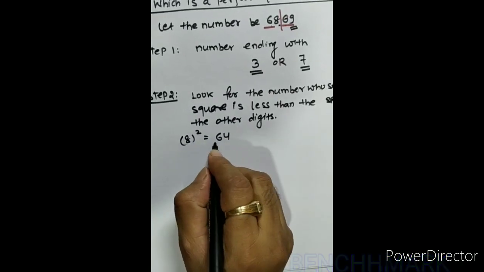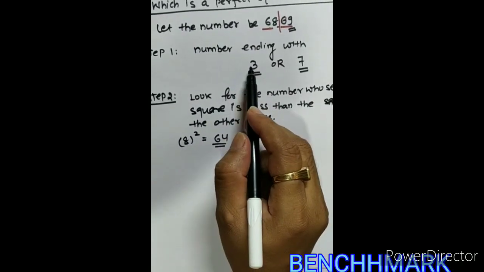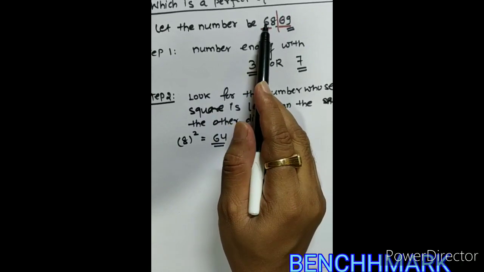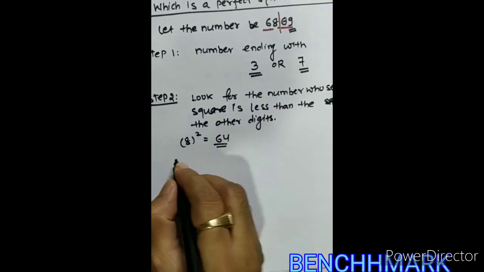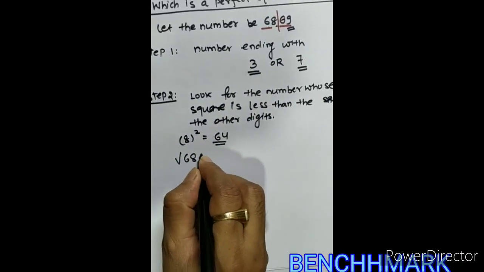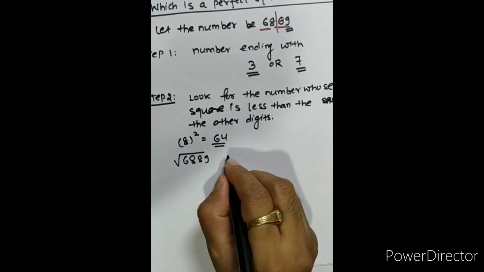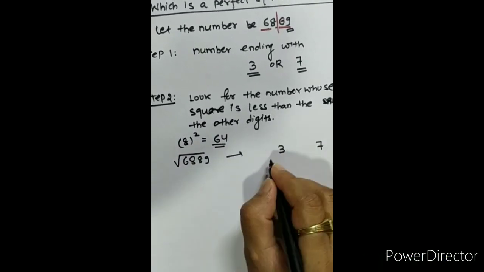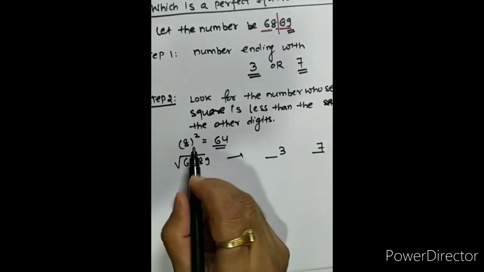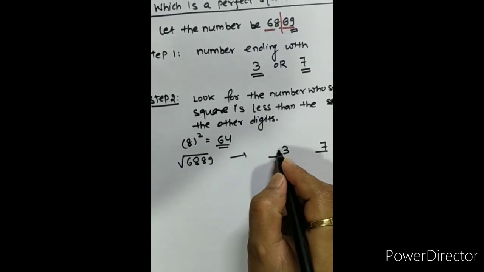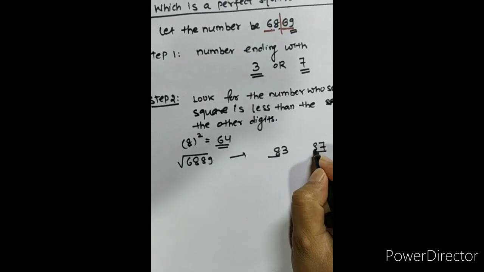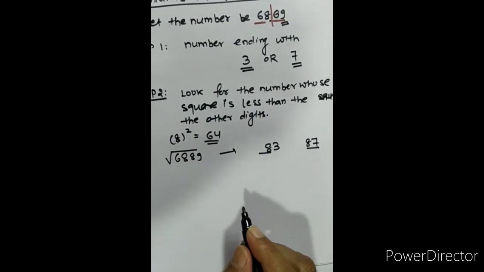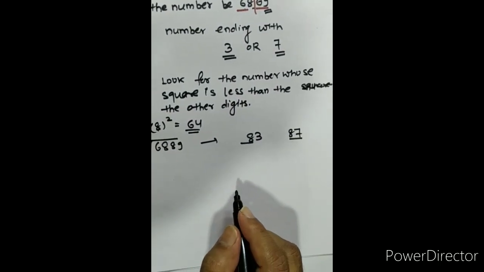Now what are the two possibilities for the square root of 6889? We had written the unit digits as 3 and 7. So the two possibilities are either 83 or 87, if it is a perfect square, and that was our condition.